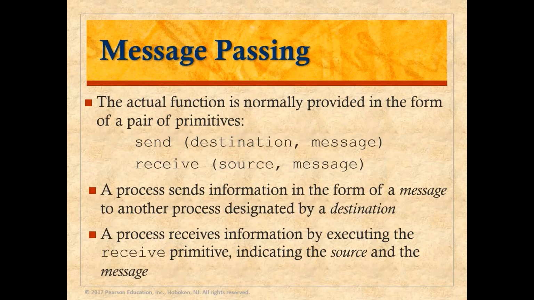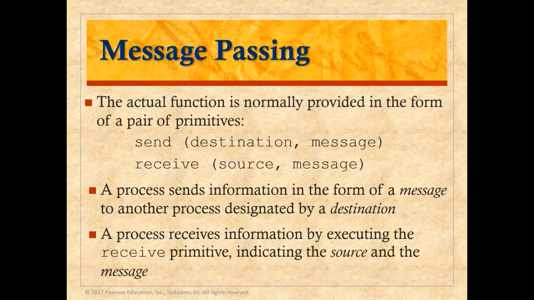In message passing, the primitives are send and receive. For send, we need to provide the destination together with the message. For receive, you need to put down the source and also the message.